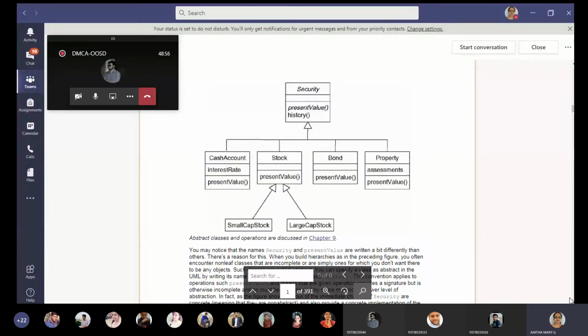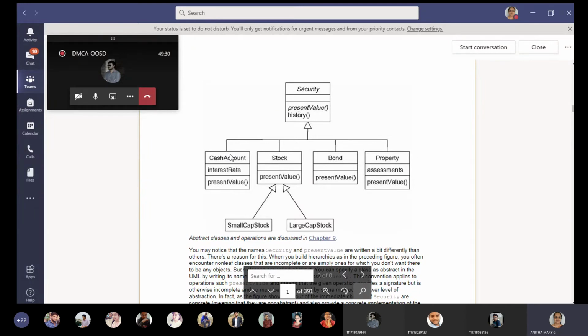Based on all the classes identified, in trading, security is the first priority. That's why I'm telling you, for any example, based on the scenario, their emphasis and their focus, the UML diagram will keep changing to the specific problem. So security and its operations are related to that scenario, and cash account, stock, bond, and property are all subclasses under security.